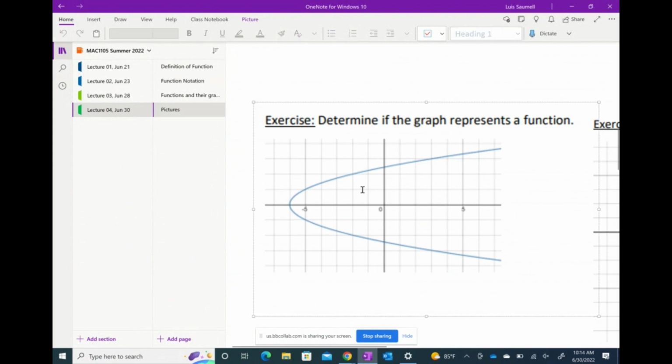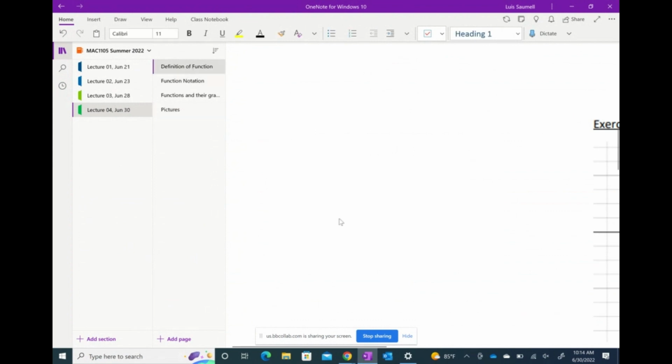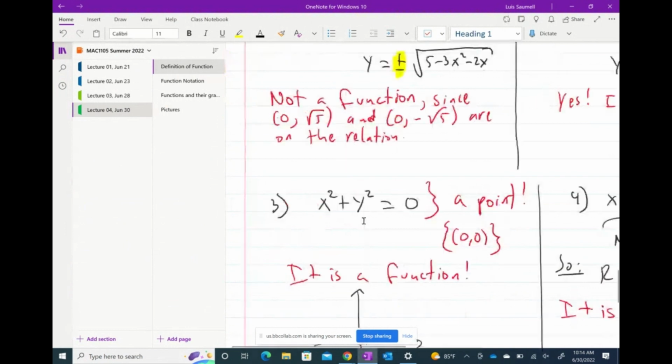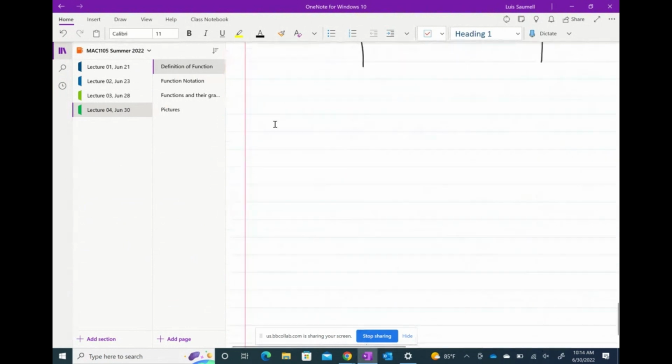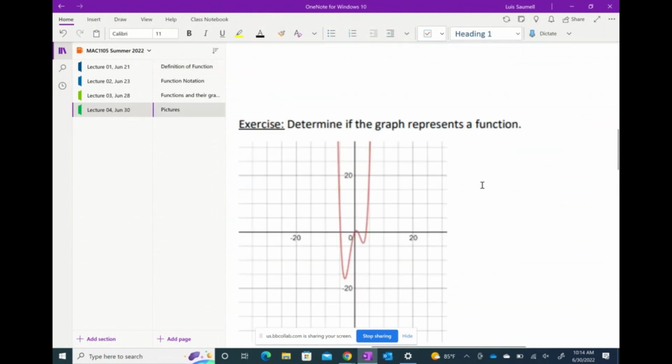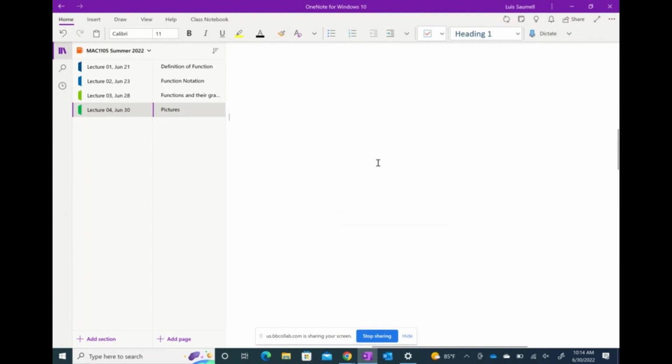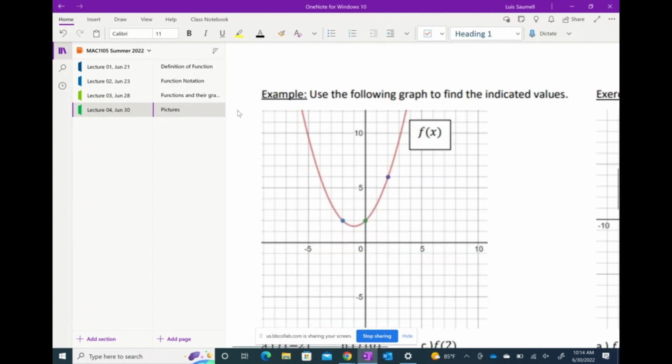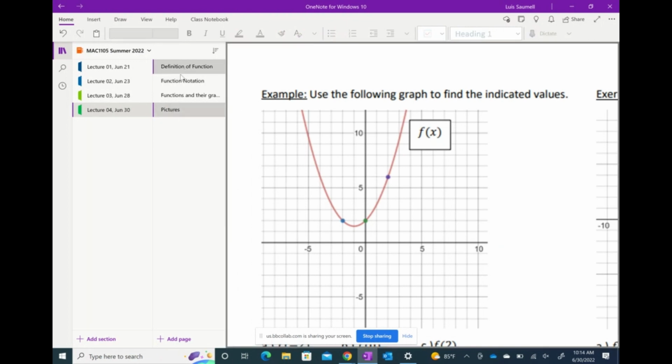Let's tell whether these are functions or not.